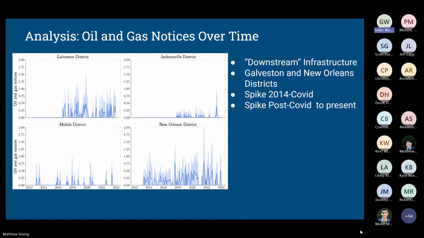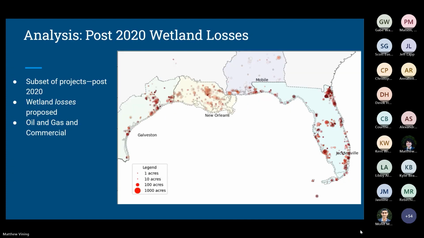If we go next slide here. So this is looking at a map generally of the post-2020 wetland losses, just a subset, and we're also looking at oil, gas, and commercial projects. So we can see along the Atlantic coast of Florida, as well as the Gulf Coast, a number of these projects are commercial.